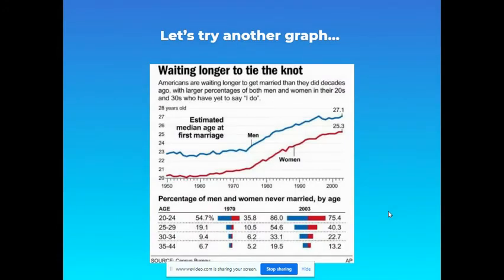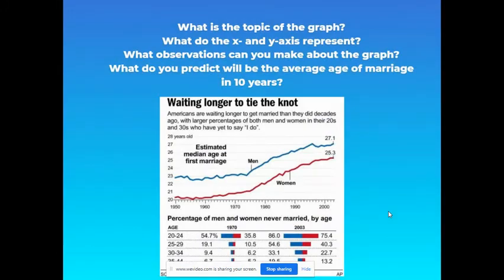Let's try another graph. Okay, take a look at this one. So, first question, what's the topic of the graph? What does the x-axis represent? What does the y-axis represent?